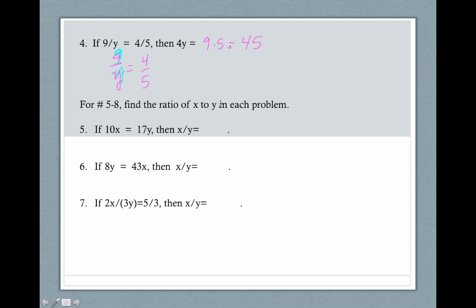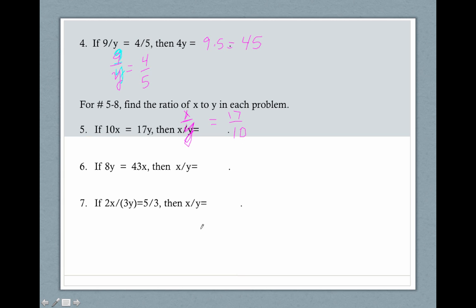We want to find the ratio of x to y now. So 10x is 17y, so let me rewrite this again, x over y. y got multiplied by 17, so 17 and y should be opposite. x got multiplied by 10, so x and 10 should be opposite.